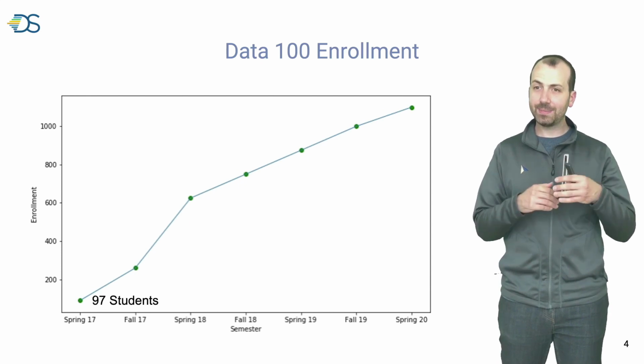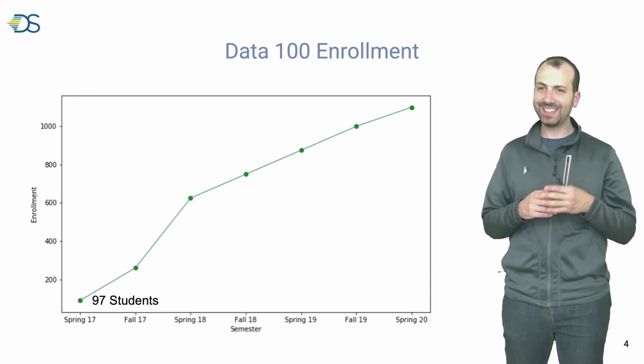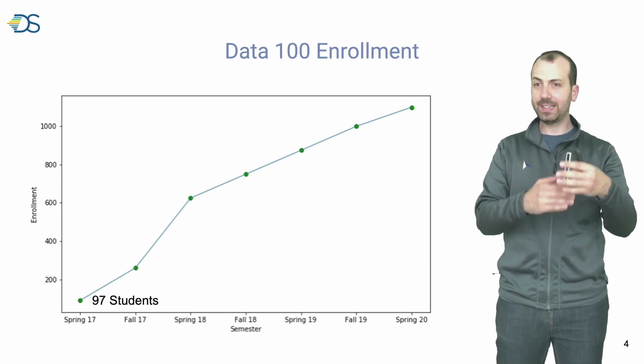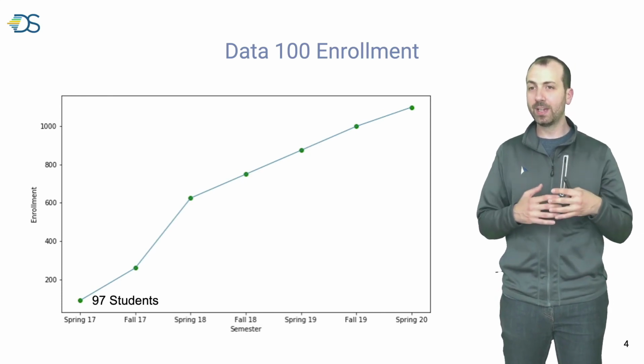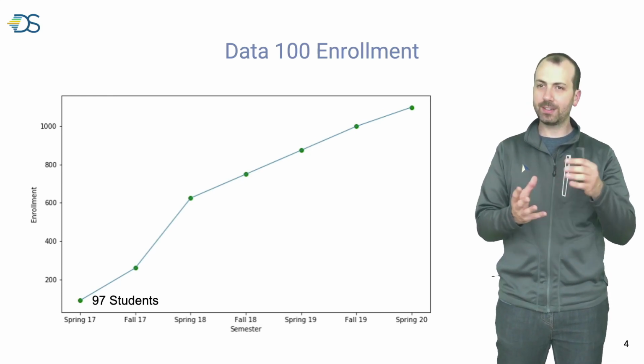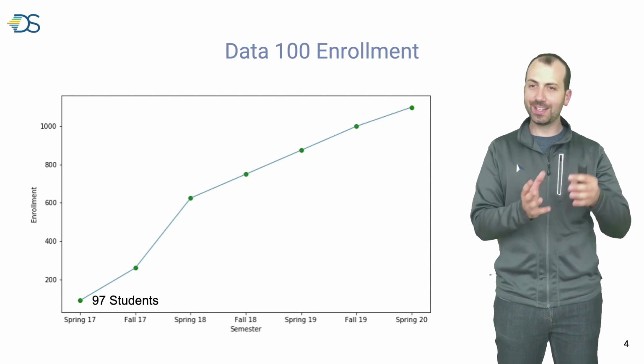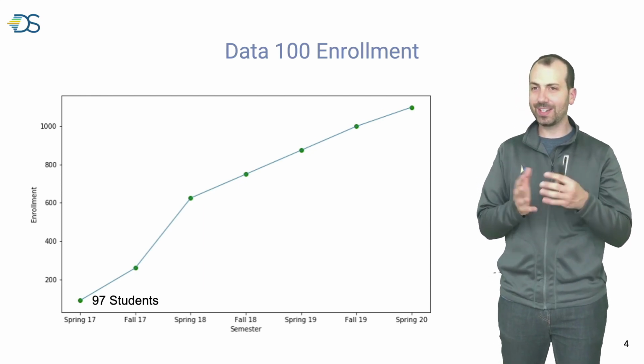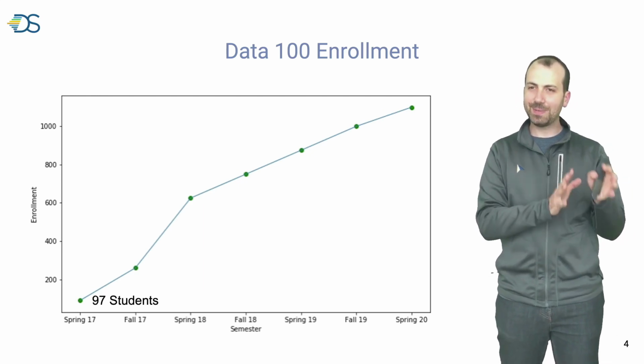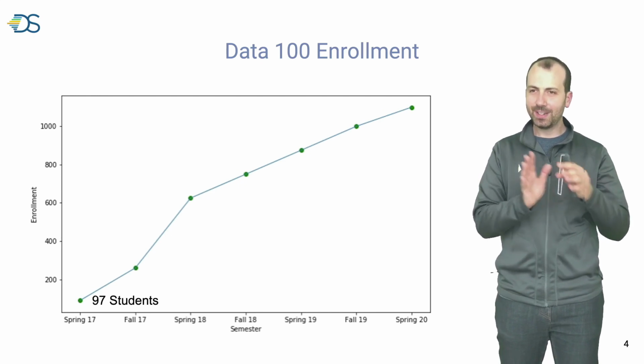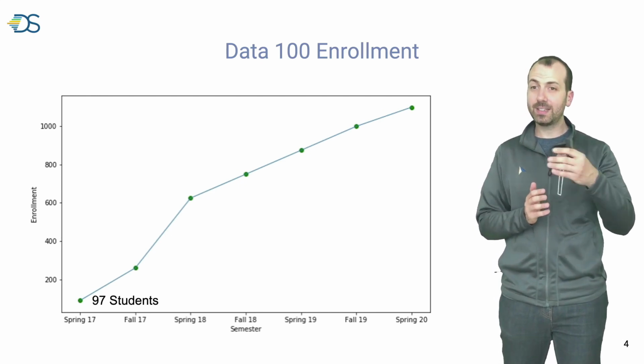Then every semester, or at least the next 2 semesters when I was teaching, we doubled the class each semester, trying to bring in more students, and also adapt the content to the changing set of students, as well as the changing world in which the content lives. I'll talk a bit about the content in a moment, but the class has grown pretty steadily since then.